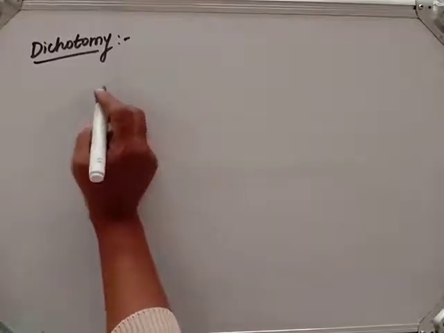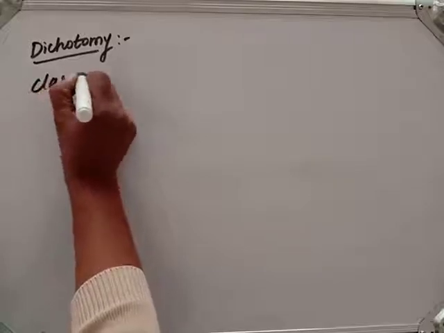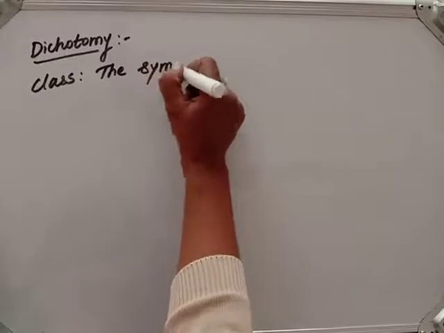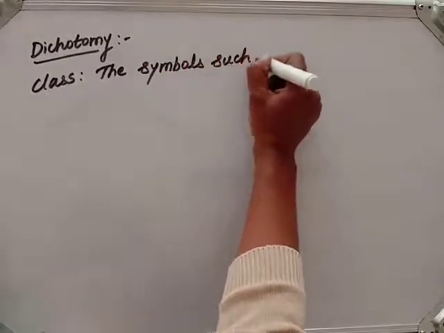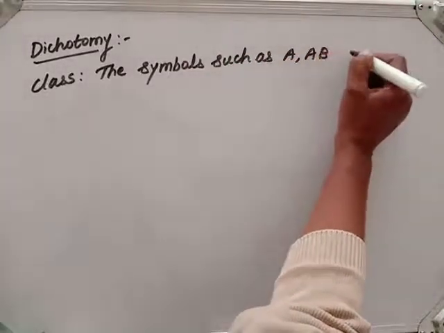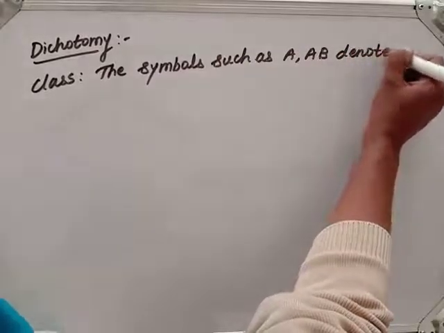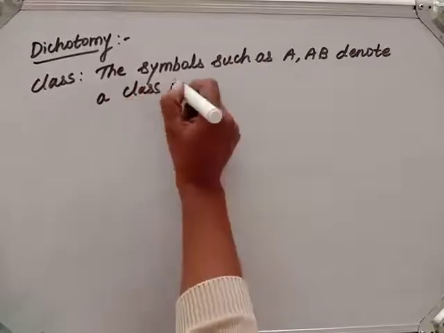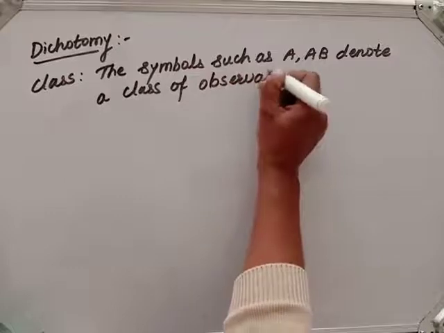The symbols such as A, AB denote a class of observations.